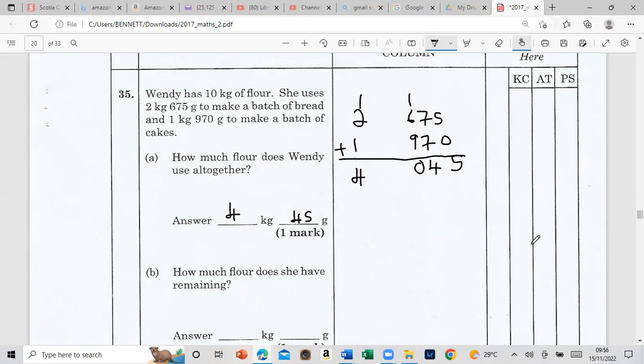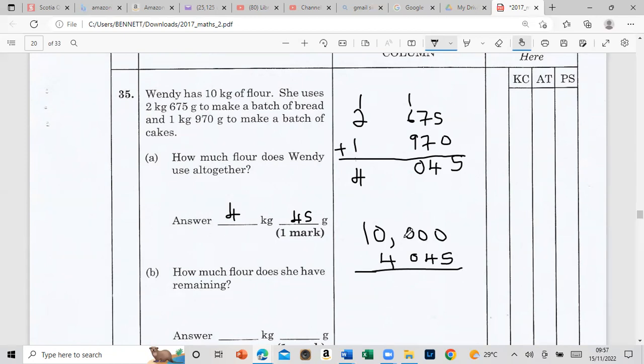Alright, very nice question. How much flour does she have remaining? And they want it in that. So we're going to subtract now. So in all, she had what, 10 kilograms. Put everything in grams. It's a 4. It's a 45. So you have to go borrow, right? 5 from this account.